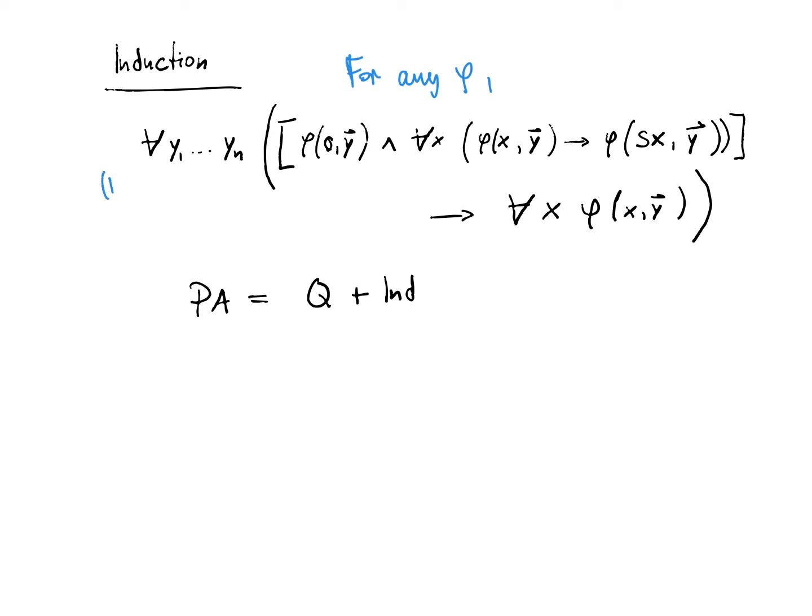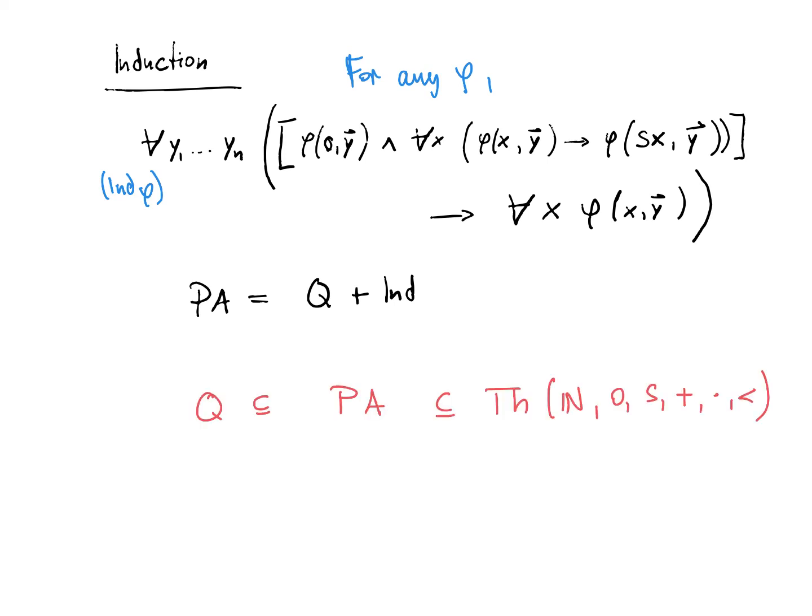Let's call this Ind phi. And if we add these infinitely many axioms of this form, for any formula we add one, so there's infinitely many formulas, to Q, we get the theory of Peano arithmetic. So this is not a finite theory anymore.